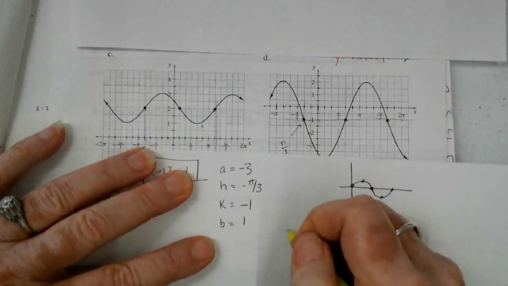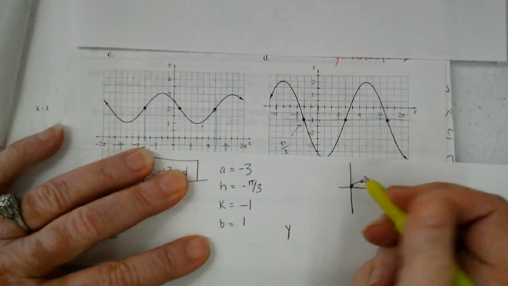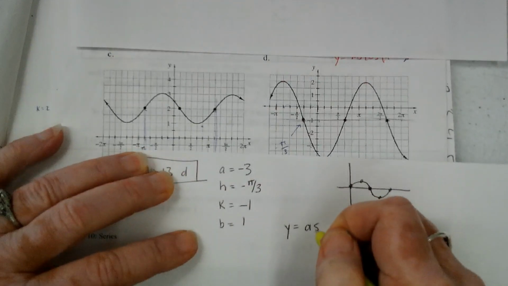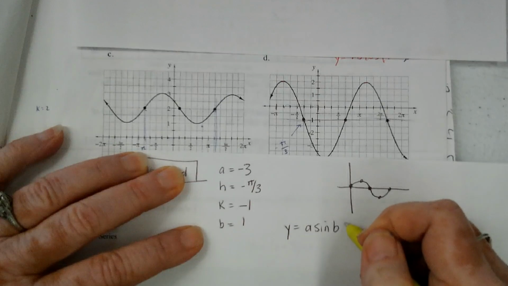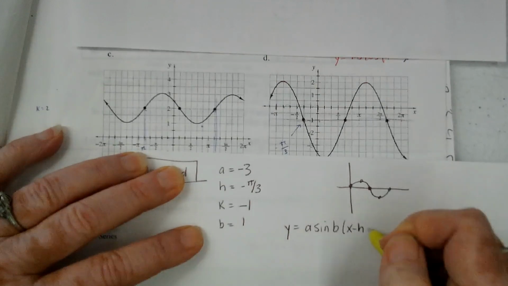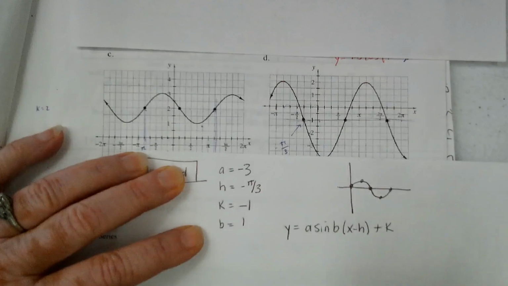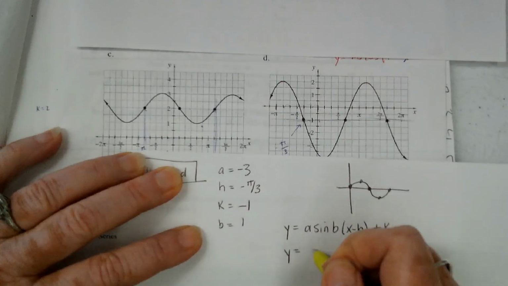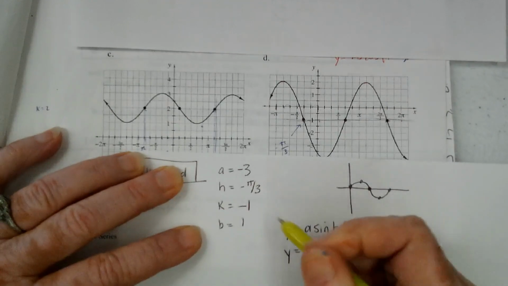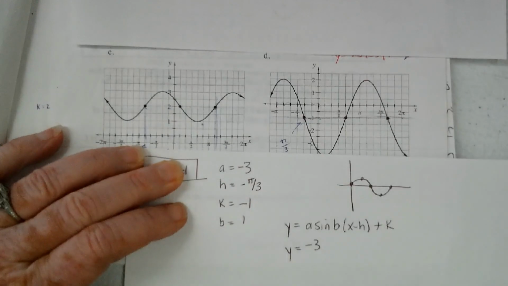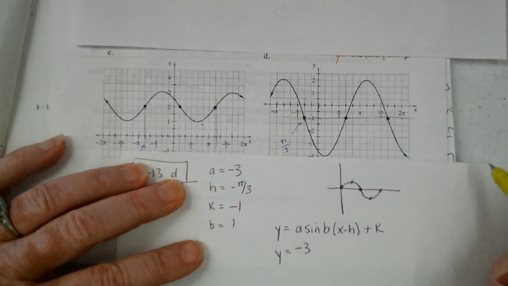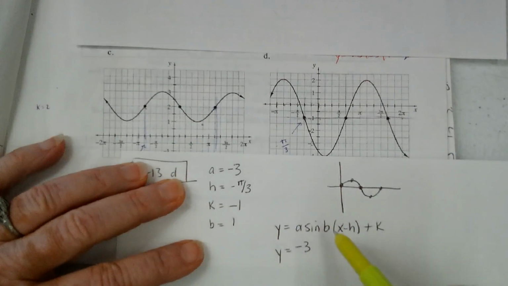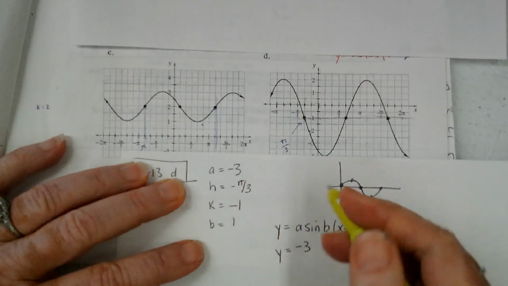And then I'm going to get out my graphing form: y equals a sine B(x minus h) plus k. We said A was, we're just going to use -3. It's not necessarily a negative amplitude; we want to reflect over the x-axis, so we need a negative on the right-hand side of the equal sign.